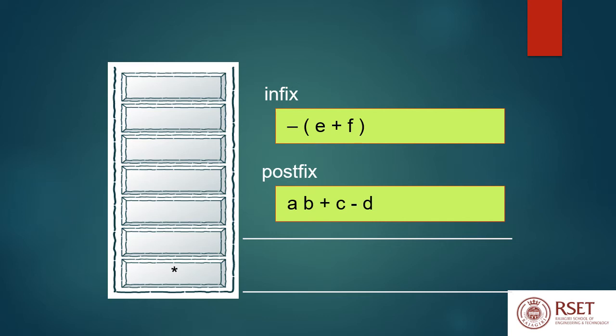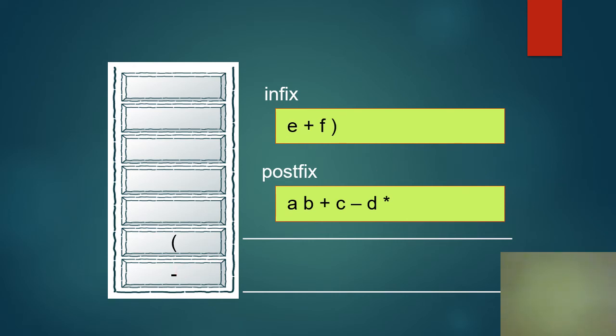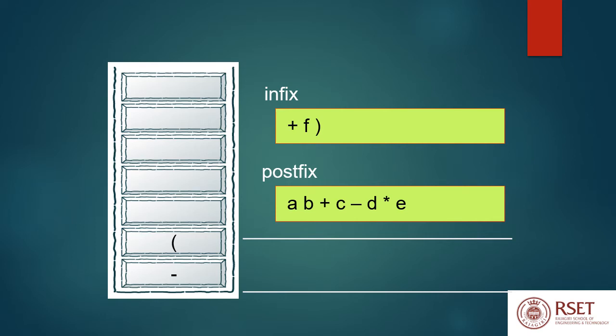Again, you see a minus, and minus wants to come in. Look at the topmost element of the stack: it is star, which has a higher precedence than minus. Oh, things are bad. So you have to pop the element out of the stack and then bring the minus in. Fine. Again, an opening bracket, push it into the stack. E, move to the postfix expression. Plus, again push it, no problem, because minus is just sitting below this opening bracket.